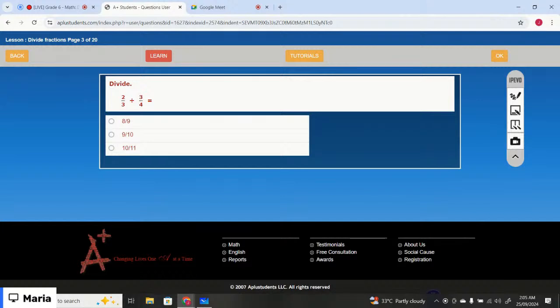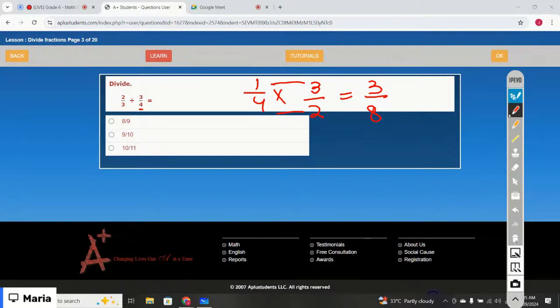The next one is 2 by 3 divided by 3 by 4. So, which is the correct option? You need to replace the division sign with multiplication and use 4 by 3. 4 times 2 is 8 and 3 times 3 is 9.